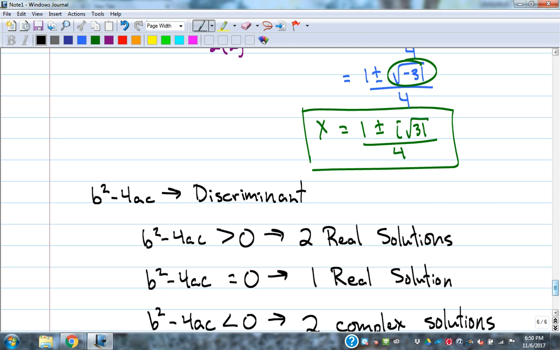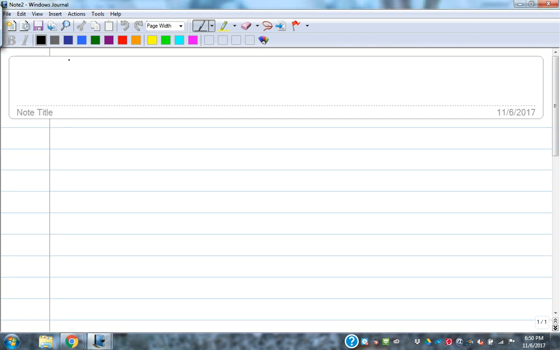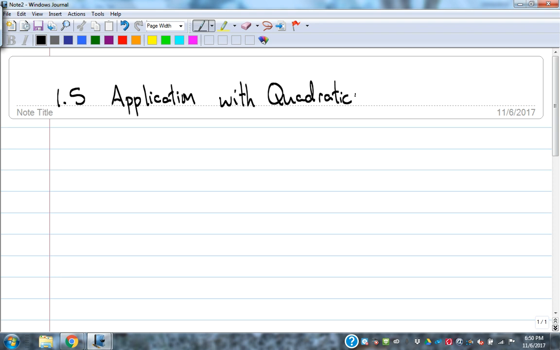All right, let's look at some application problems of quadratics. Poster.